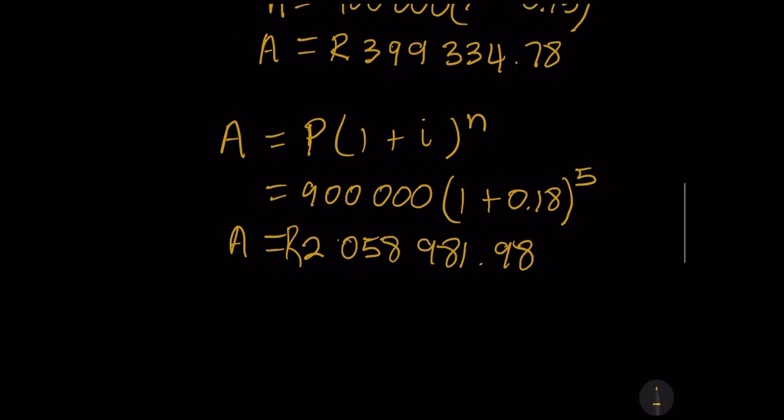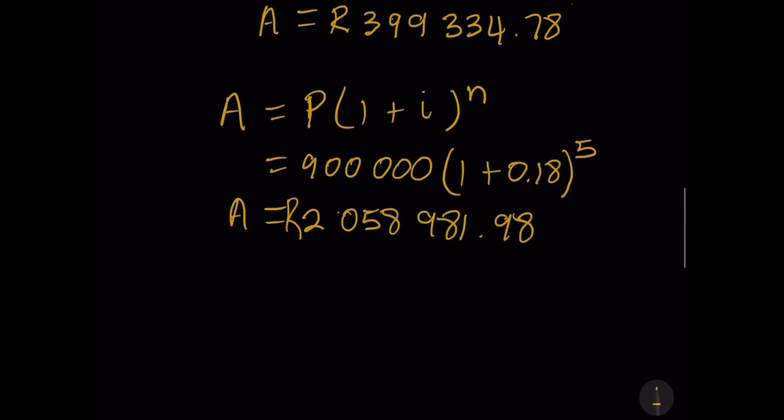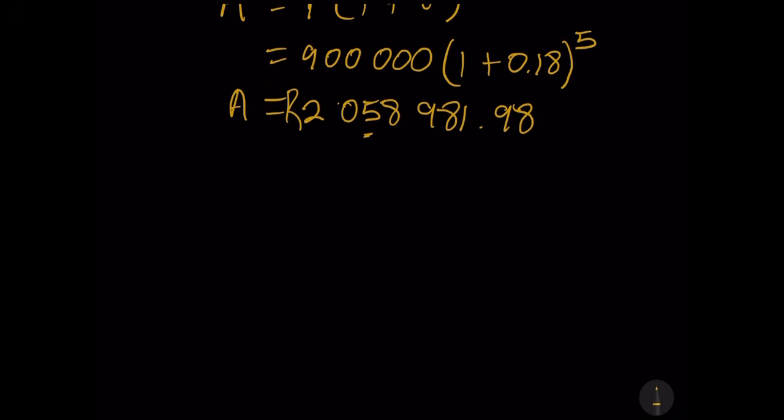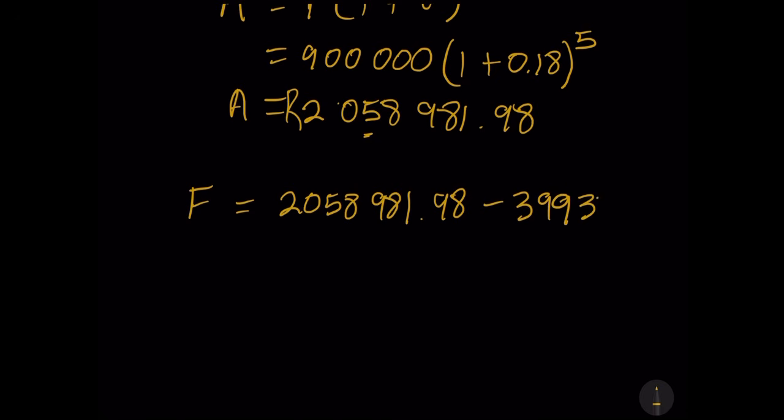Remember, we can now sell the old equipment at this amount. So it means that in order for us to cover this cost, what we would need is the difference. So in this case, for our sinking fund, what we would need is, of course, the difference. That's 2,058,981 and 98 cents. And I'm going to subtract that amount, which is 399,334 and 78 cents.